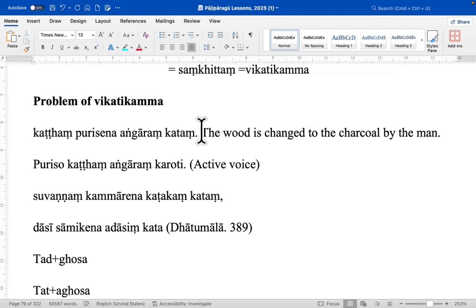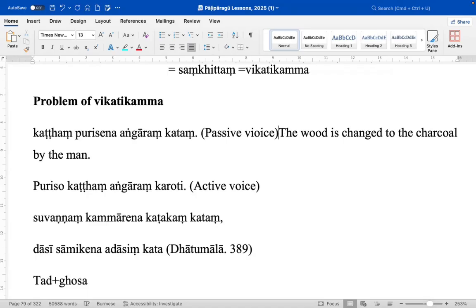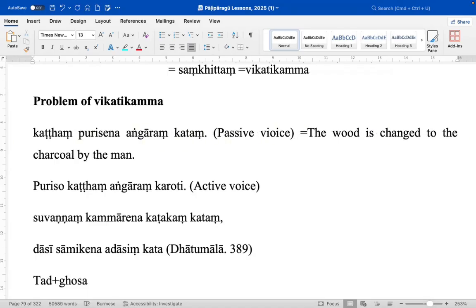We use kato: Puriso, Katan, Ankaran, Kato. Same meaning, but different voice.